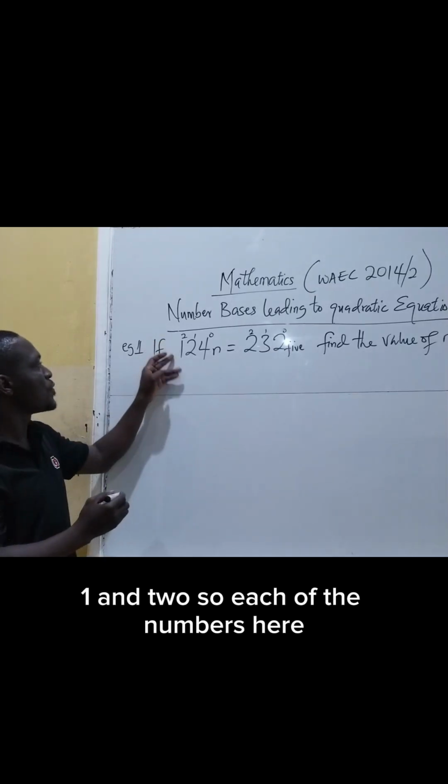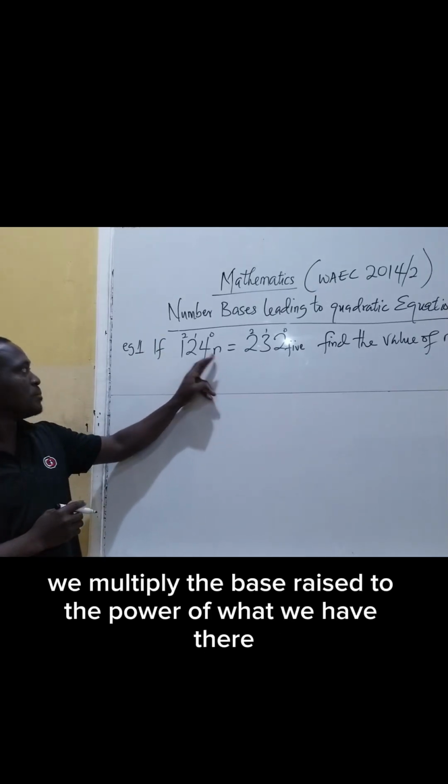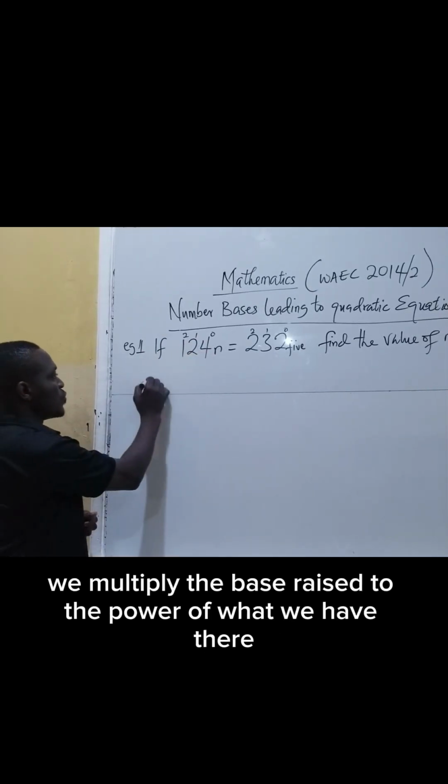So each of the numbers here will multiply the base raised to the power of what we have there.